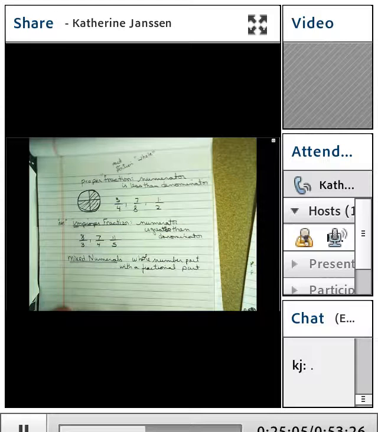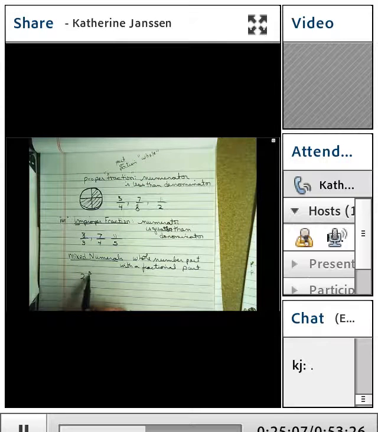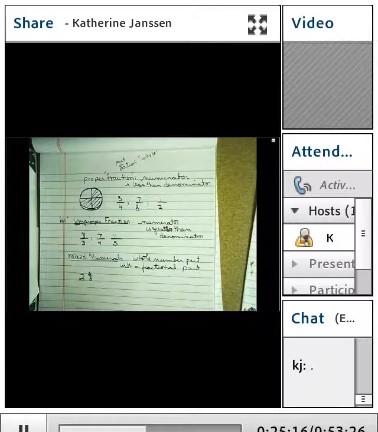Now examples of that might be 2 and 3/8. 2 is a whole number, and 3/8 is a proper fraction. 7 and 2/5. We have 7 as a whole number and a fractional part of 2/5. 4 and 3/10. We have 4 whole pies and 1 pie cut into tenths with only 3 parts represented.